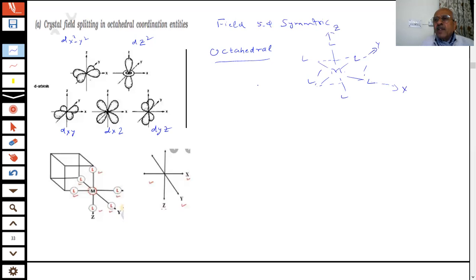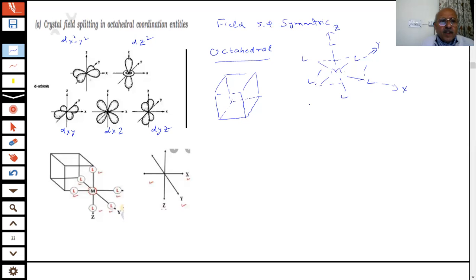To make things clearer, we will draw a cube, because for three-dimensional things we have to make a picture. I am not that good, but I am trying. This is a cube.